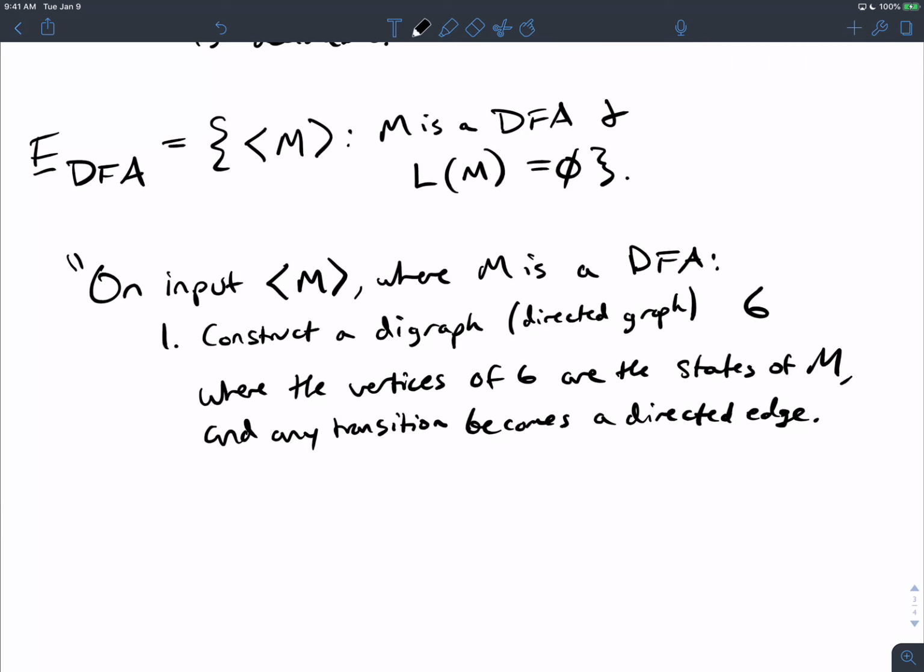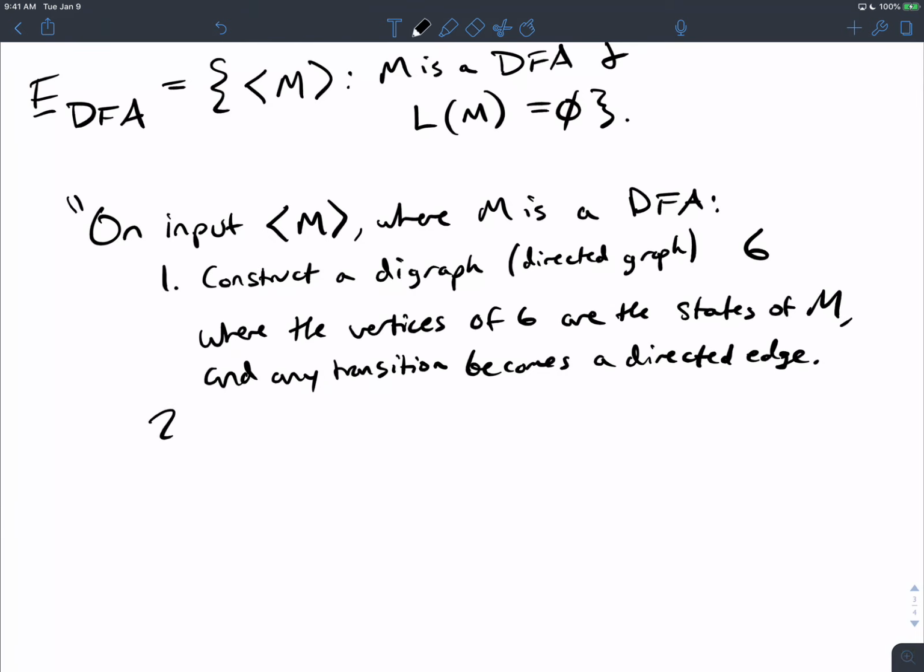Because if you can take a transition on input A and then a different transition between the same states on input B, then we can take either one of those, so just make a single directed edge in that case. Okay, cool. So what would we do for this digraph then?